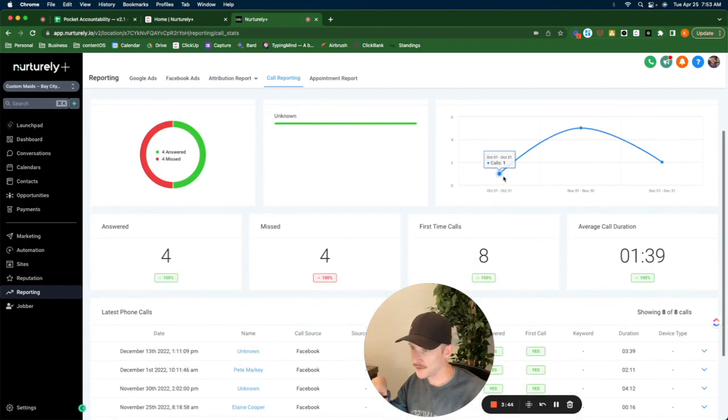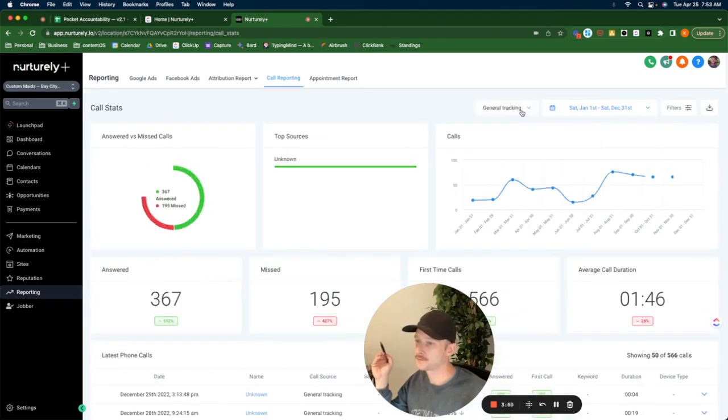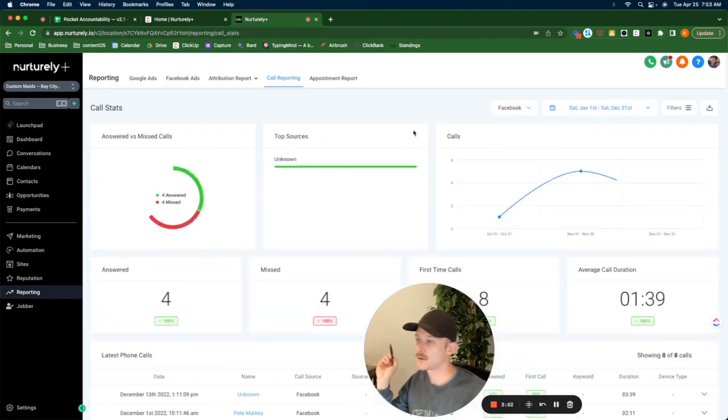I got 8 from the Facebook because I just started it in October. What's wild about this Facebook one is it's not anywhere where they can click it or on the website anywhere. It's only in the ad image on my Facebook ad.